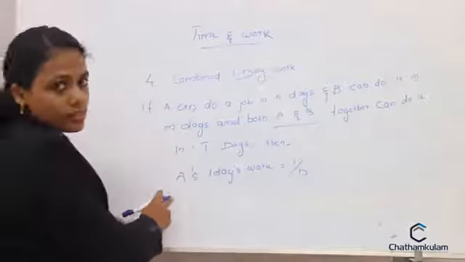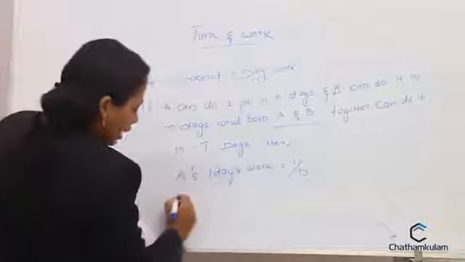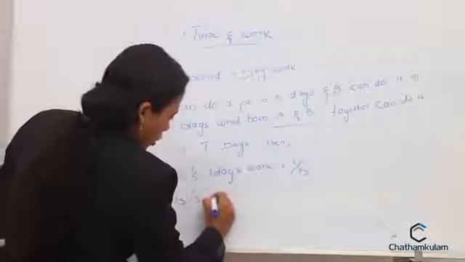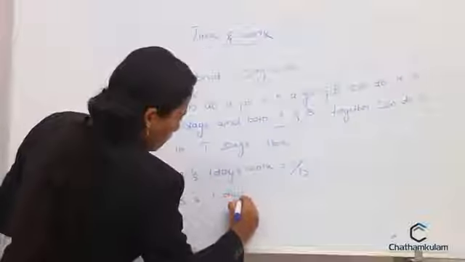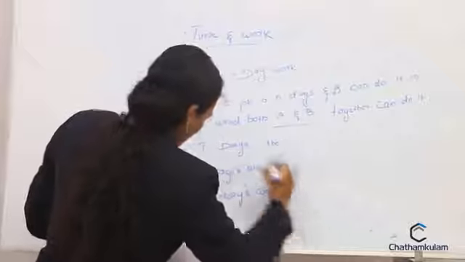This is for person A only, and in the case of B, 1 day's work will be 1 divided by m.